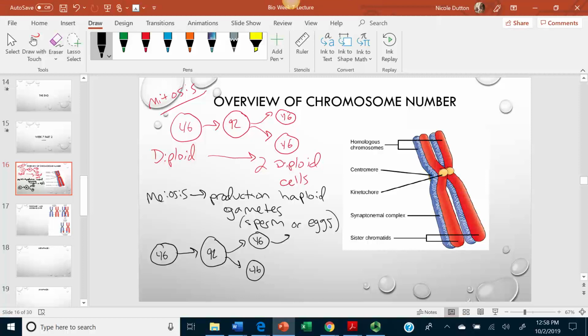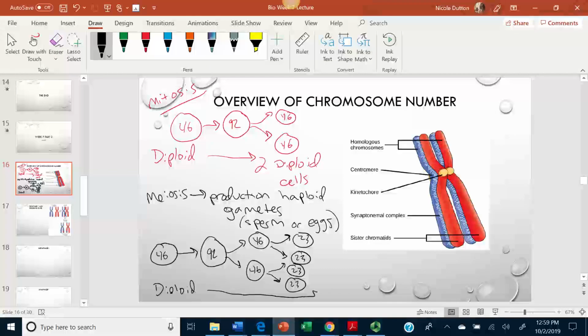And then we go through another round of division so that we end up with 4 cells that have 23 chromosomes. So we're starting with diploid, and we're producing 4 haploid cells.